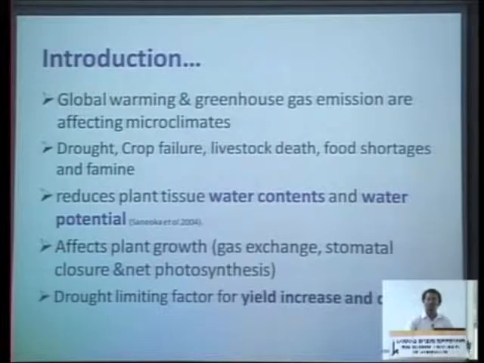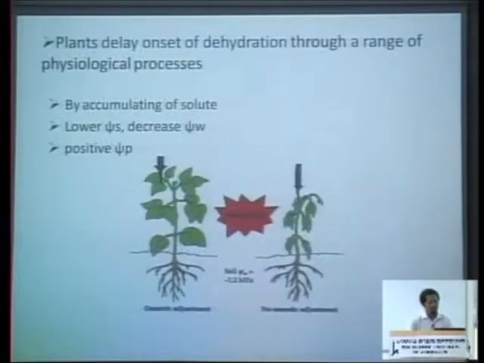So drought is the main limiting factor in reducing yield and quality of production.